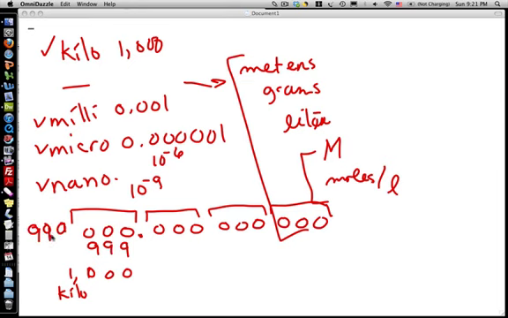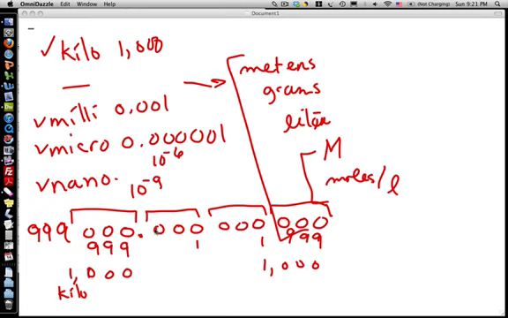So you could have 999 kilos. Same way down here. That's 1 millimeter, 1 micrometer, 1 nanometer. If we have 999 nanometers and we add just 1 more nanometer, we get to 1 micrometer, like that.